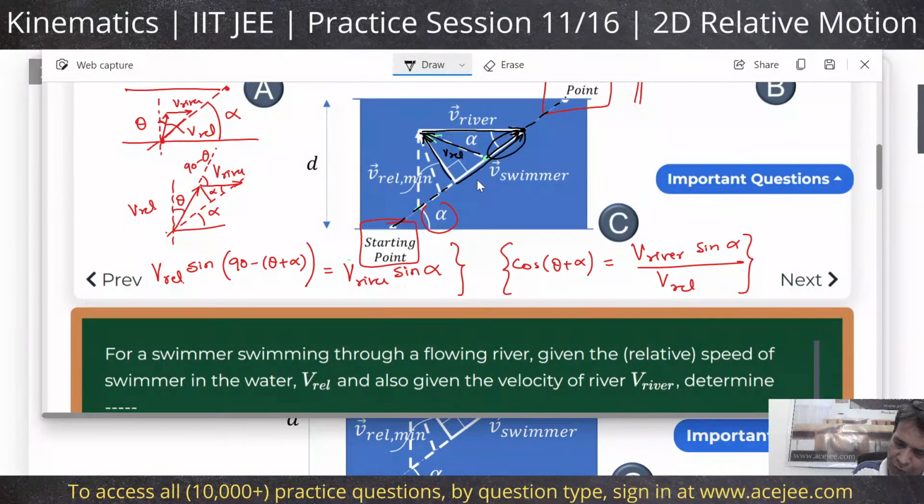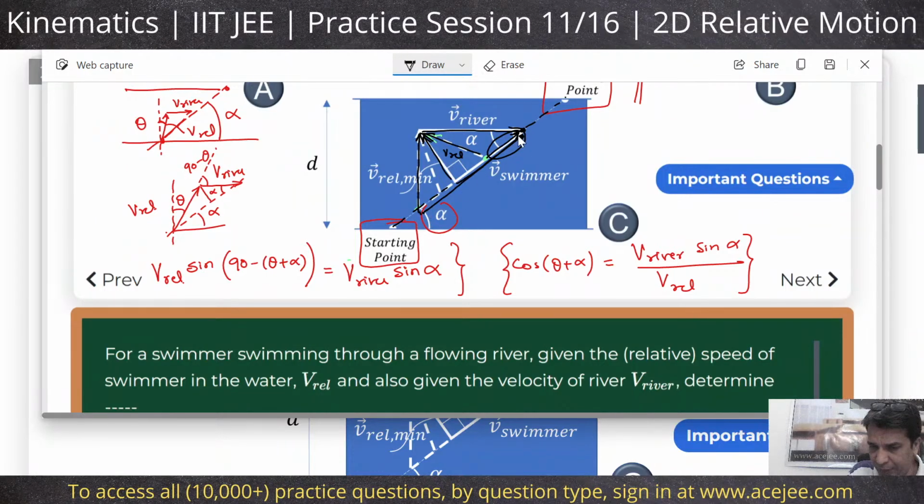Or he or she can travel off at a direction perpendicular. If they travel in the perpendicular direction, this is the V river. The net speed is fairly high, right?